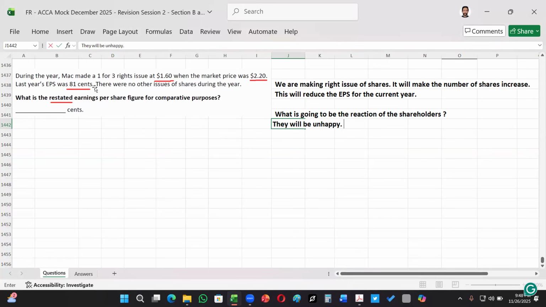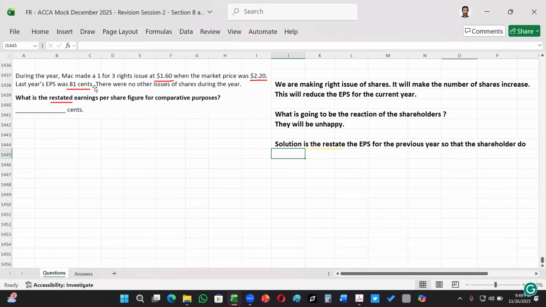So what is the solution? The solution is to restate the EPS for the previous year, so that the shareholders do not get a panic attack. Because the shareholders are going to be angry, they're going to panic, they might sell our shares, thinking this company is not good for me.